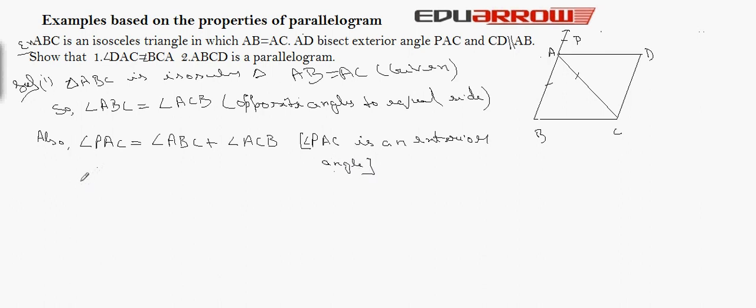So we can write angle PAC is equal to 2 angle ABC as angle ABC and angle ACB are equal.